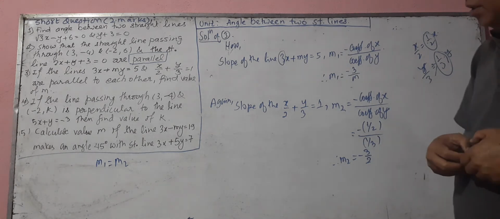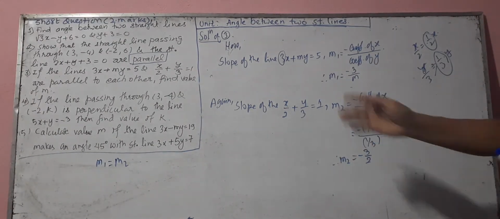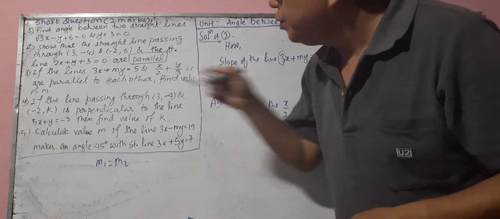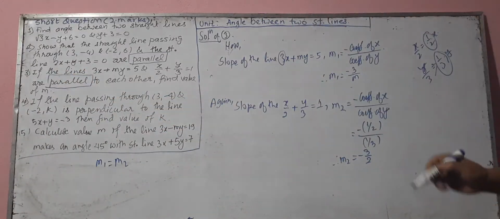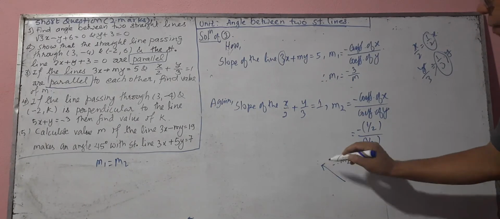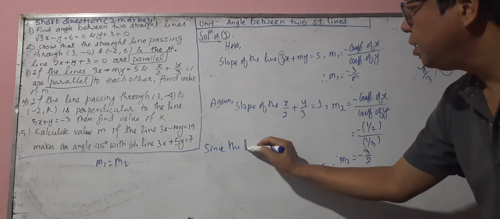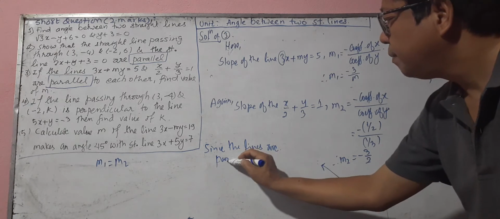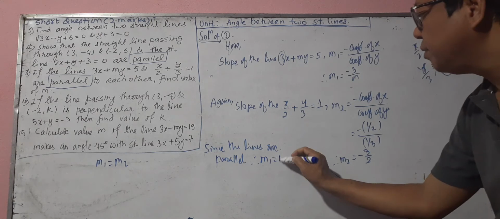After finding the slopes, let us see the conditions. The two lines are parallel, so since the lines are parallel, therefore m1 is equal to m2.